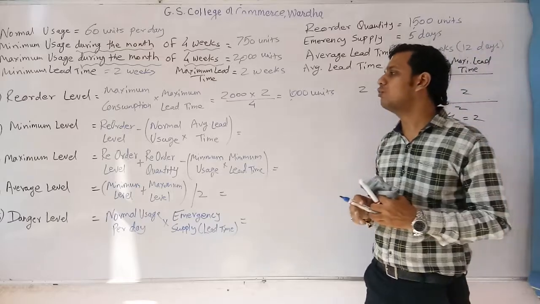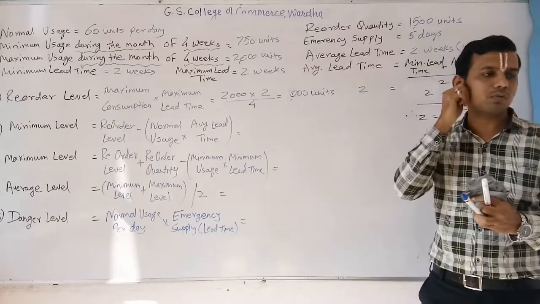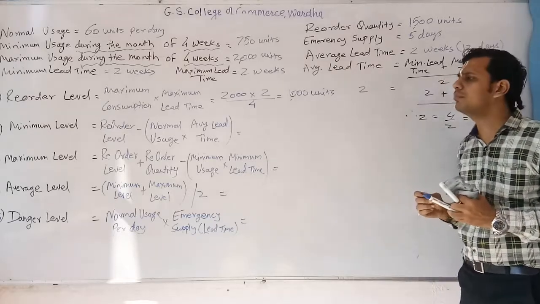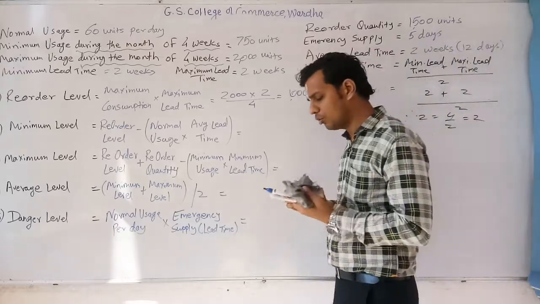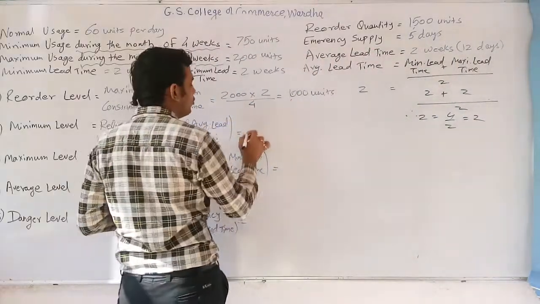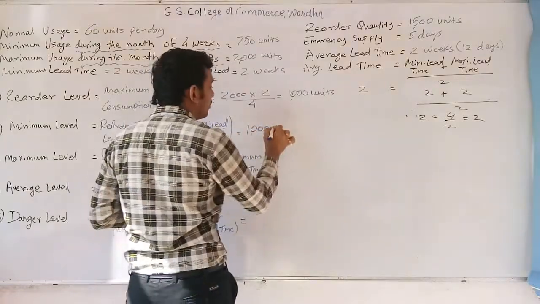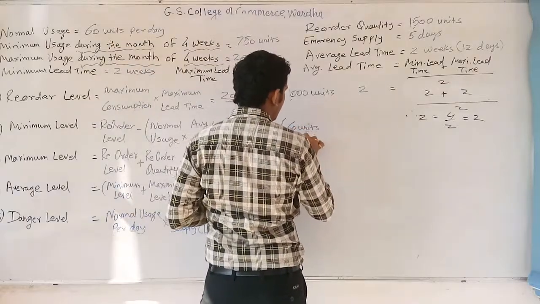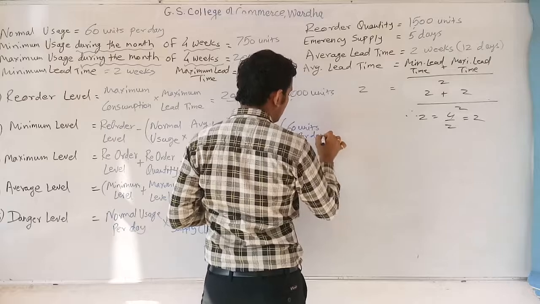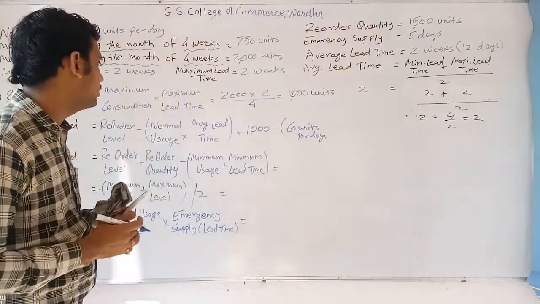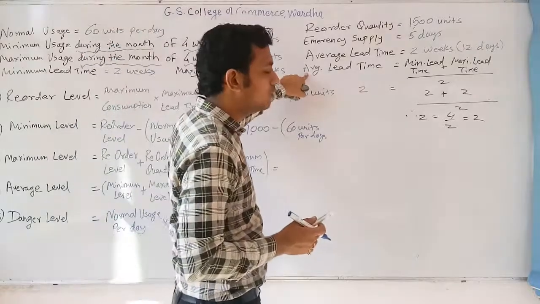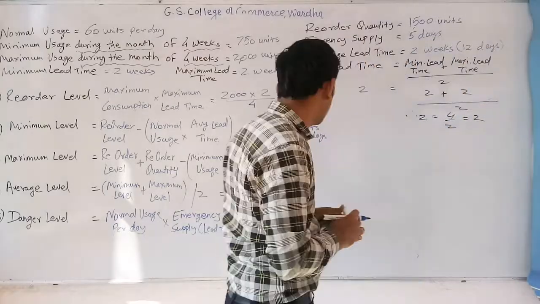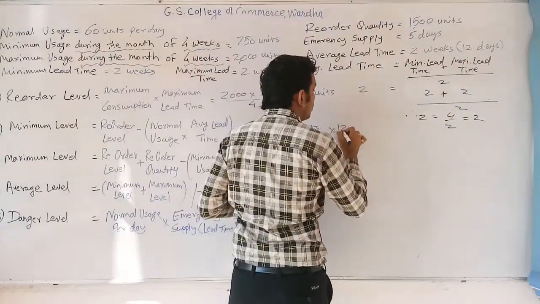Secondly, we have to calculate minimum level. The formula for minimum level is reorder level minus, in brackets, normal usage multiplied by average lead time or normal lead time. Here the reorder level we have calculated is 1000 units minus normal usage, given as 60 units per day. Here again there is a difference in unit, as normal consumption is given in days, whereas average lead time is in weeks. But we have also been provided that 2 weeks is equivalent to 12 days, hence we can take average lead time as 12 days.